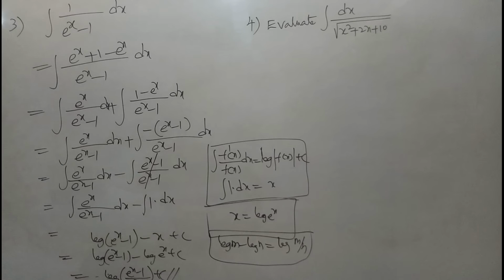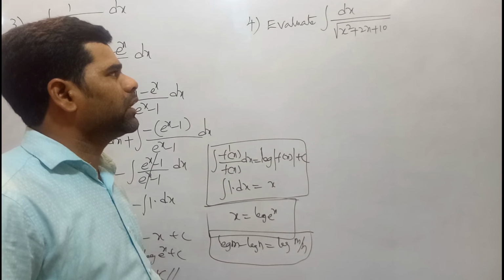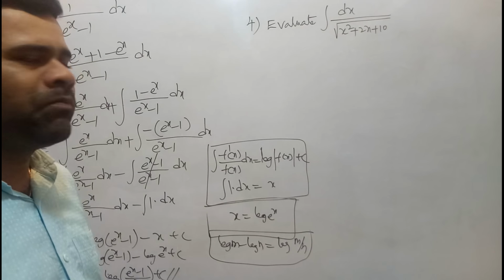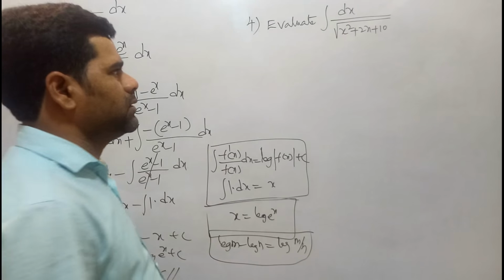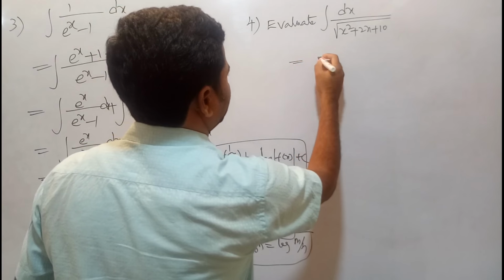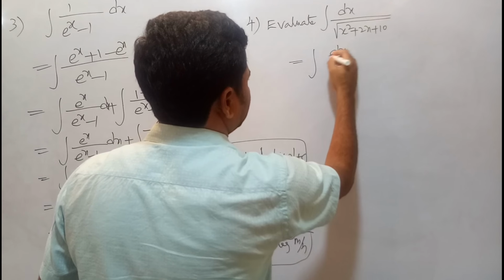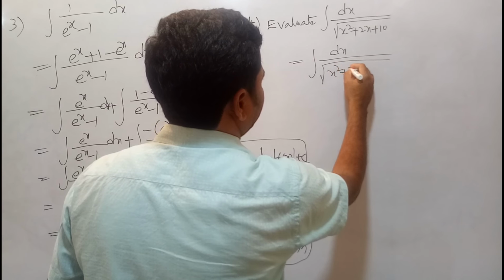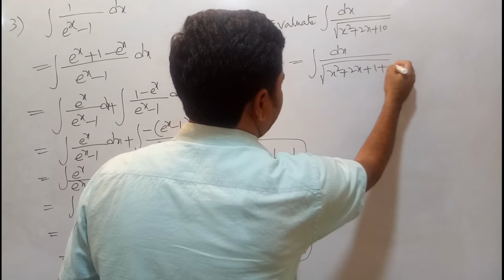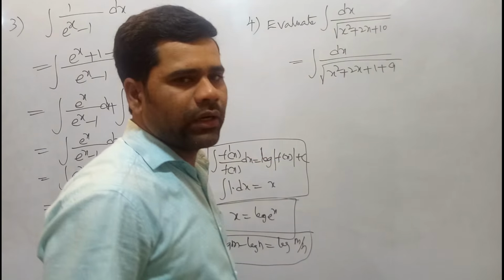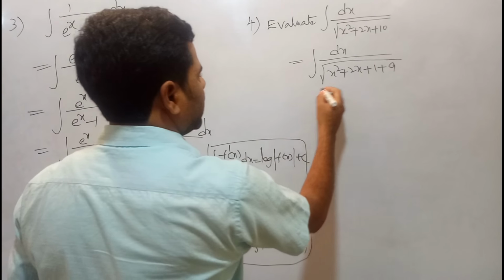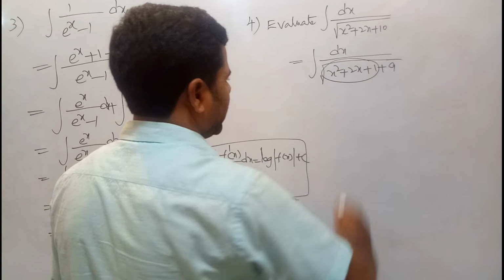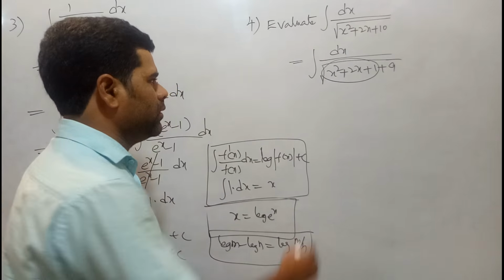Now fourth question, evaluate integral dx by under root of x square plus 2x plus 10. Integral dx by under root of x square plus 2x plus 1 plus 9, just splitting 10 as 1 plus 9. Now this is looking like a plus b whole square form.